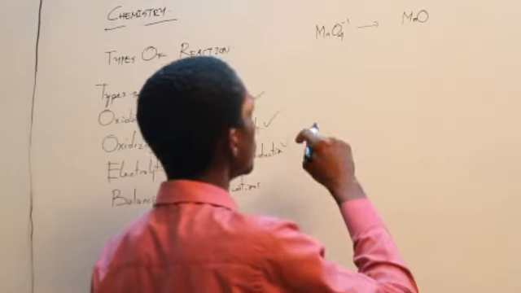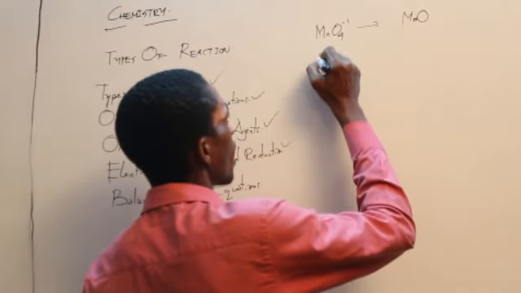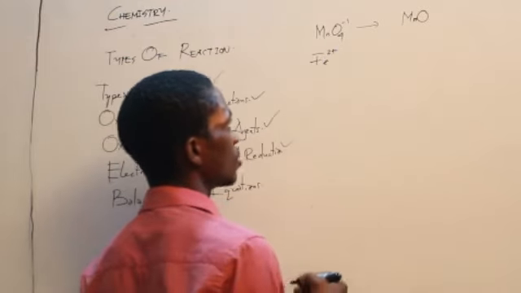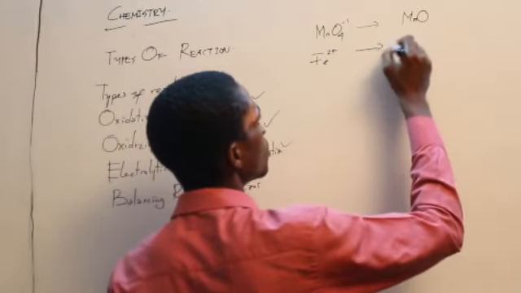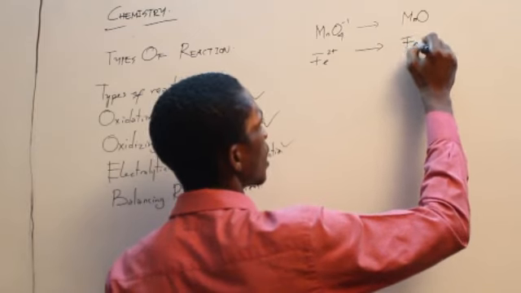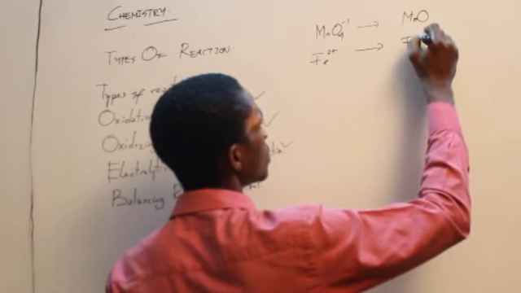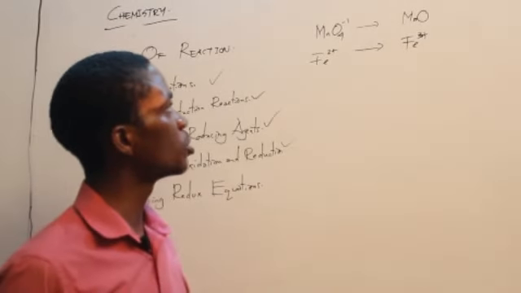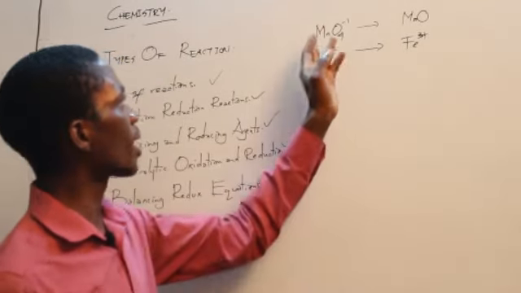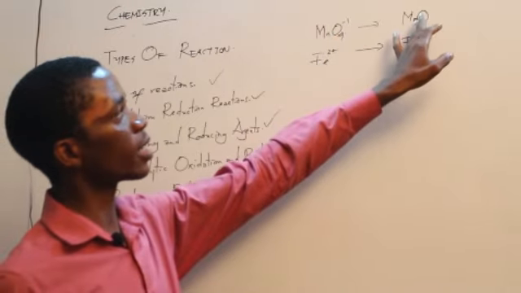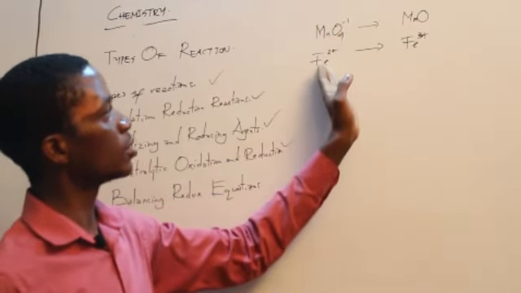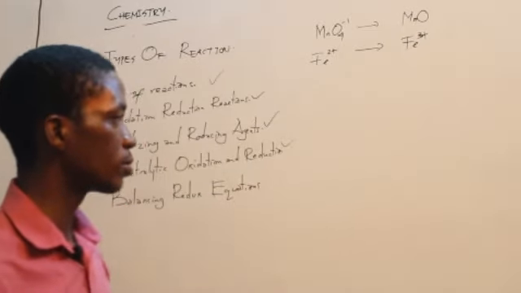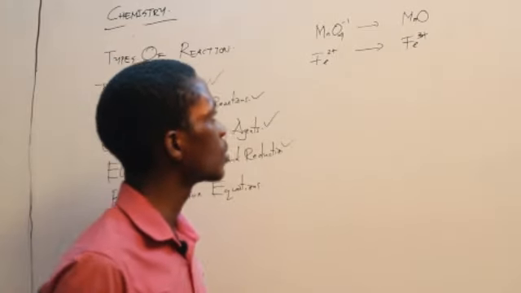Then the other thing again is, our iron 2, as we are told, will go ahead to produce iron 3 by oxidation. Our manganese 7 will go ahead to give us manganese 2, and our iron 2 will go ahead to give us iron 3. So how do we go about it?